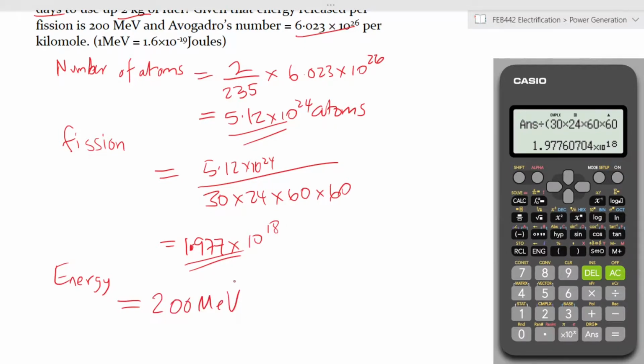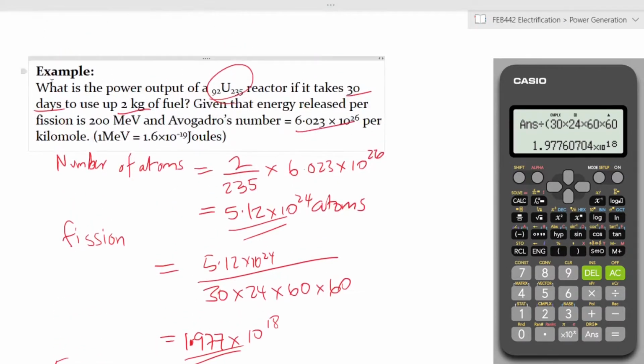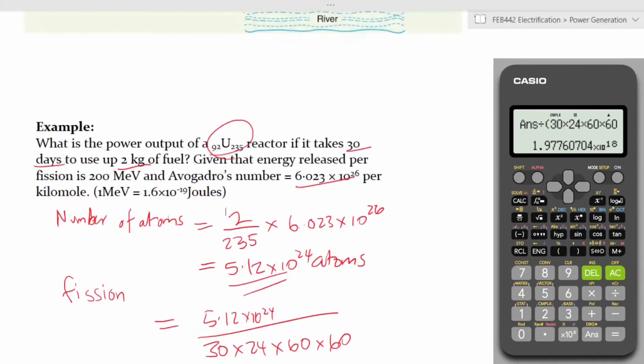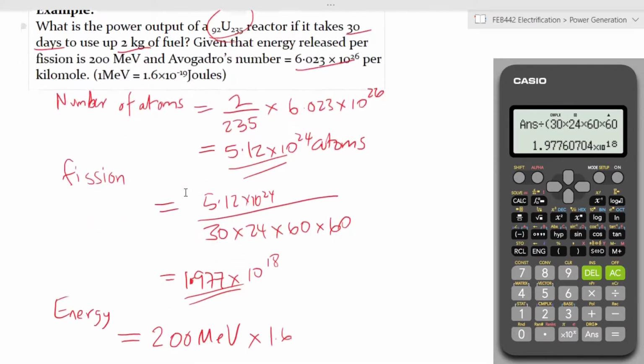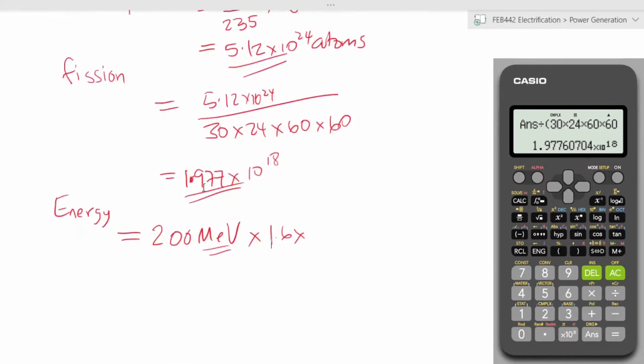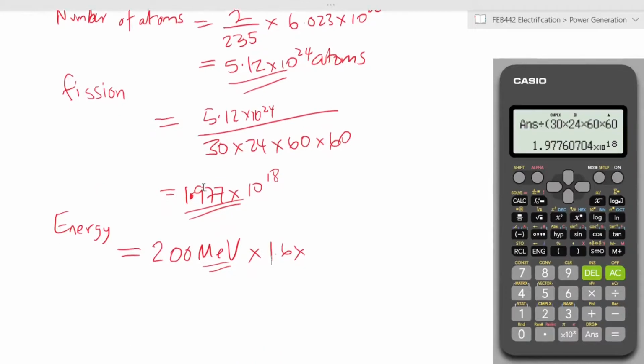So MeV is the available energy in each fission, times the joules. 1 MeV has 1.6 times 10 to the power minus 19 joules. Reason being, we need to convert from MeV, which is an atomic form of energy, into joules, which is the energy that we measure in electricity. So times 10 to the power minus 19 joules.